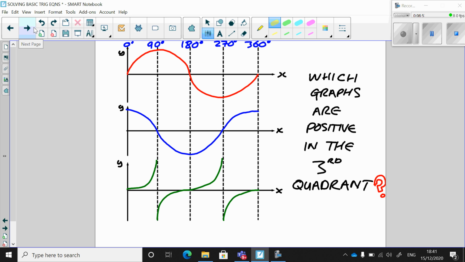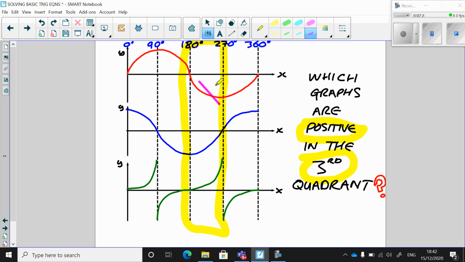Let's move through them. Which graphs are positive in the third quadrant? Where's the third quadrant? 1, 2, there's the third quadrant. We're only looking for the portions of the graph that are above the x-axis.